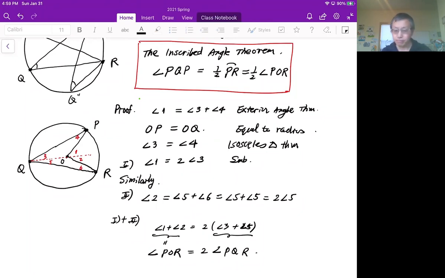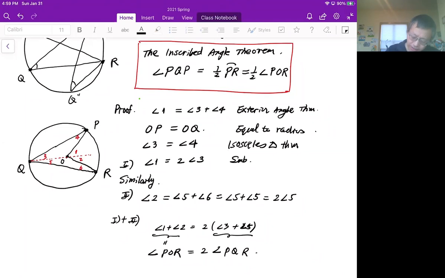Everyone's okay? Very good. So you can say it's the end of the proof. But actually, in geometry, sometimes we have to be very careful, because for this proof people might ask, why does OQ have to be inside angle PQR?